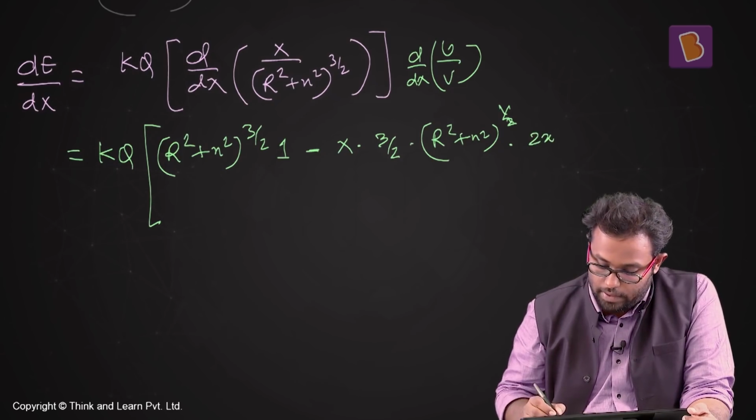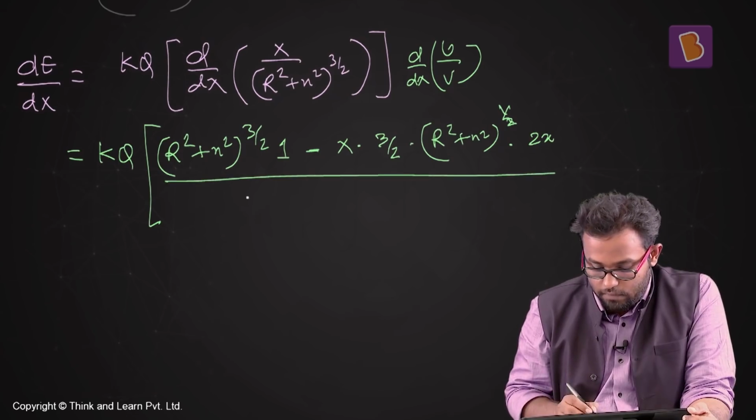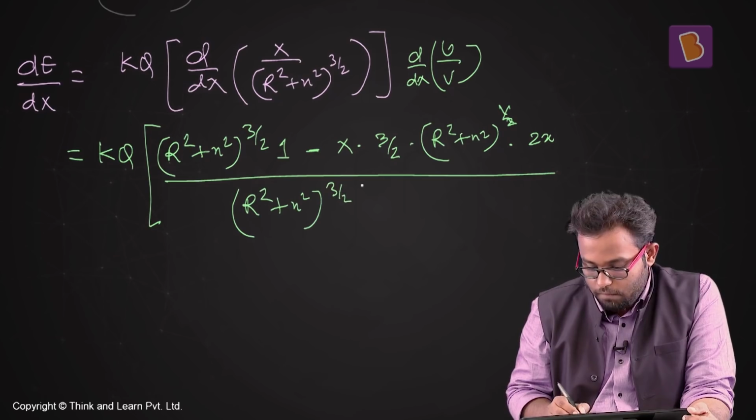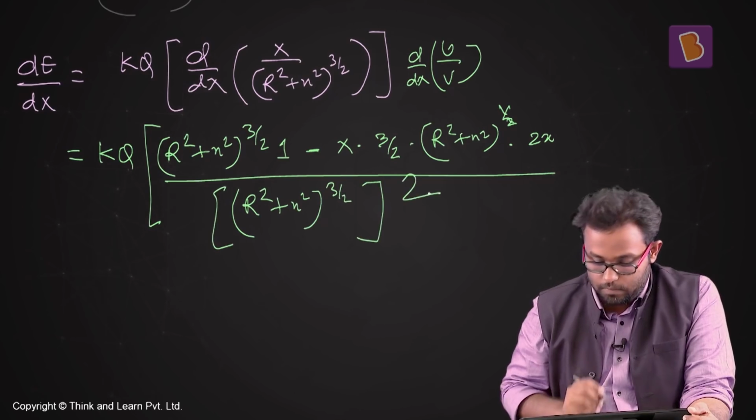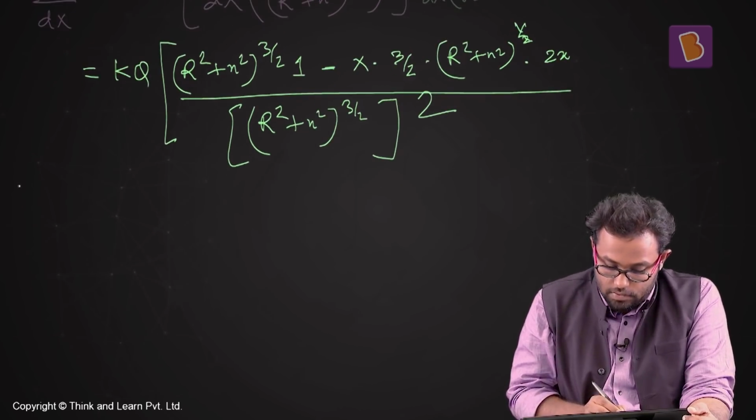And on the denominator you have (r square plus x square) whole to the power of 3 by 2 whole squared.